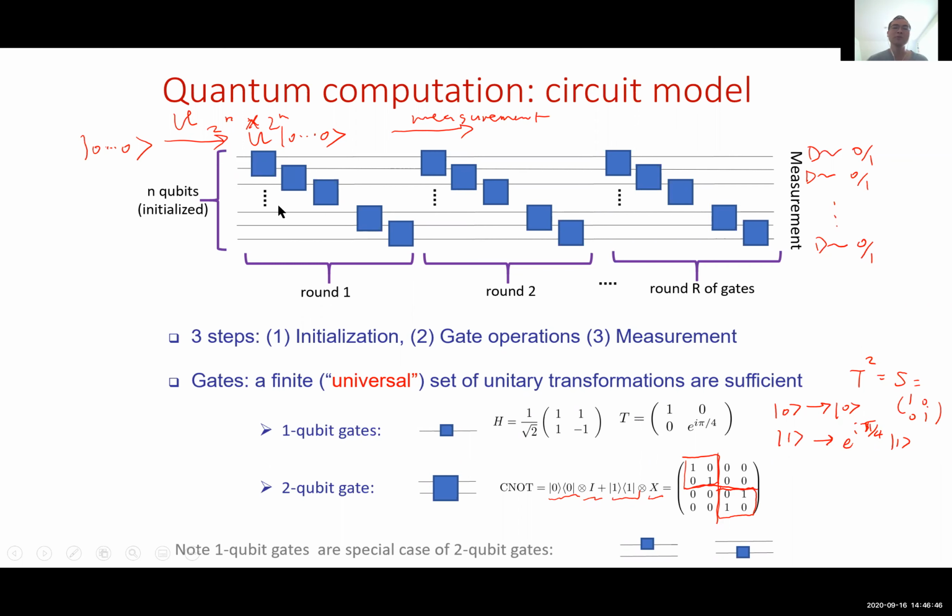And they can be used to create such a big unitary matrix, at least to whatever precision that you want. So that's really the upshot of the standard model of quantum computation and universal gates. Any question?